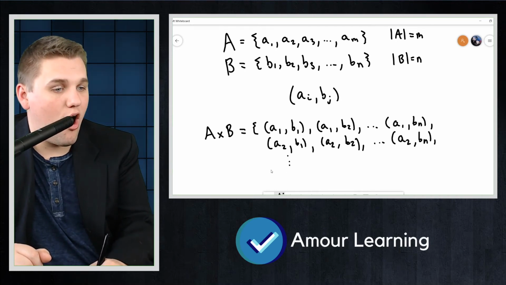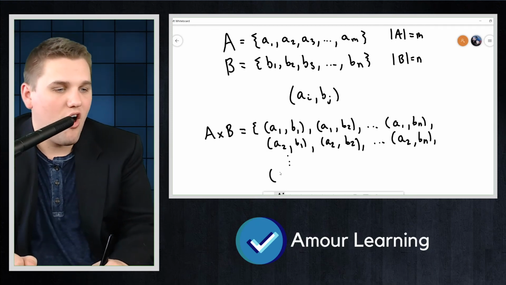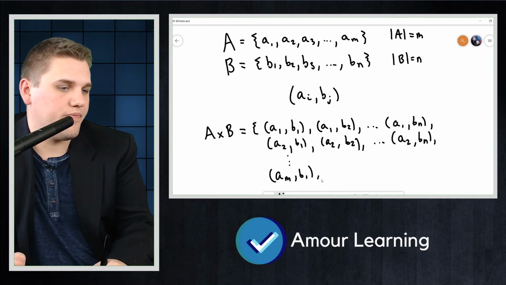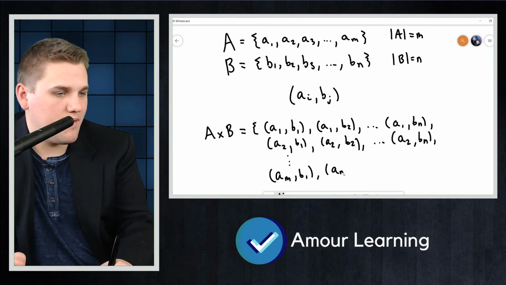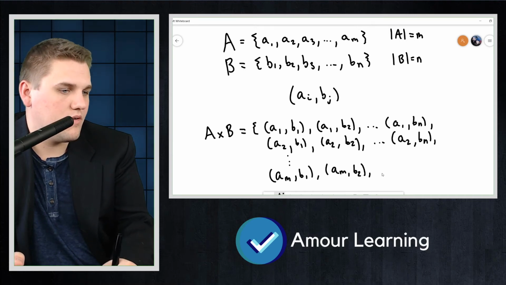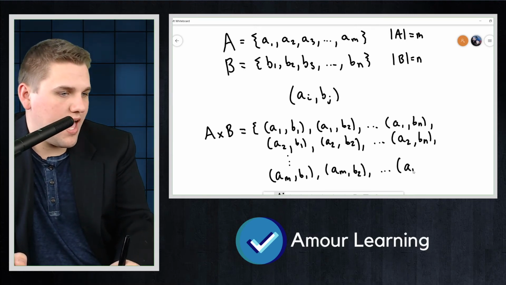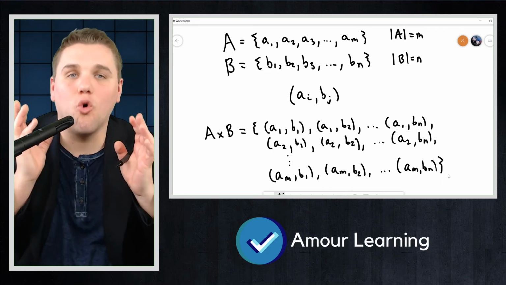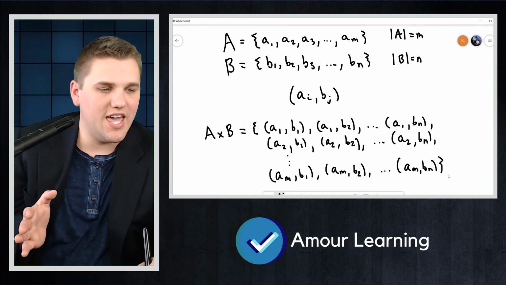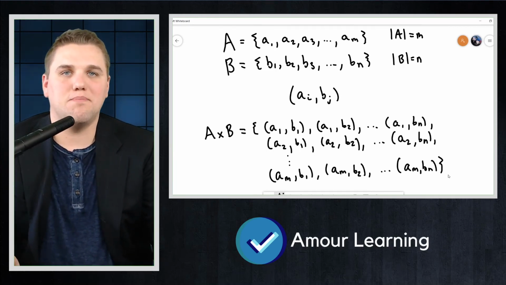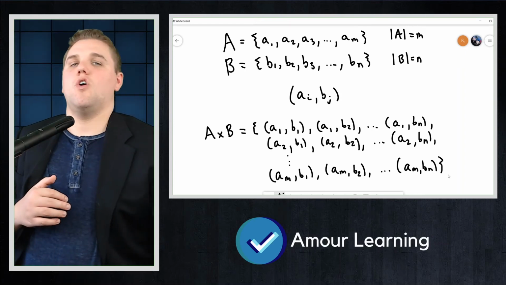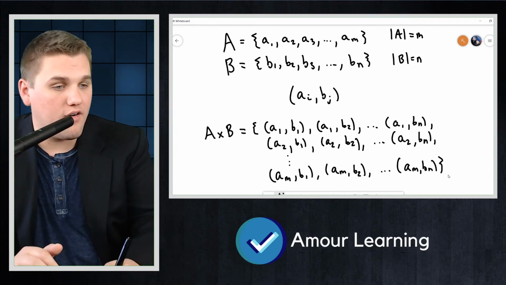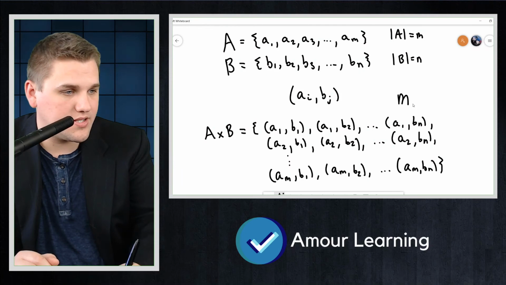And then we're going to do this over and over again, all the way to (AM, B1), (AM, B2), all the way up to (AM, BN). These are all the possible coordinates where the first element is in A and the second element is in B. So notice what we've done here. We made M rows of N pairs for a total of M times N pairs.